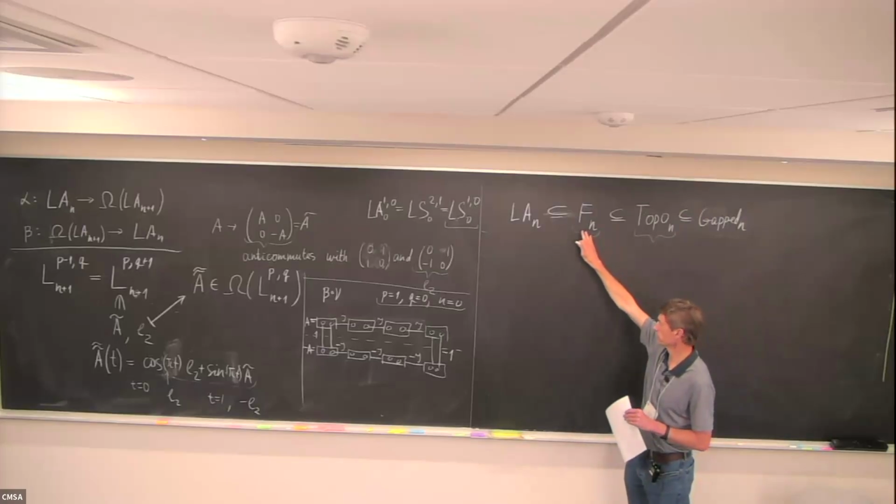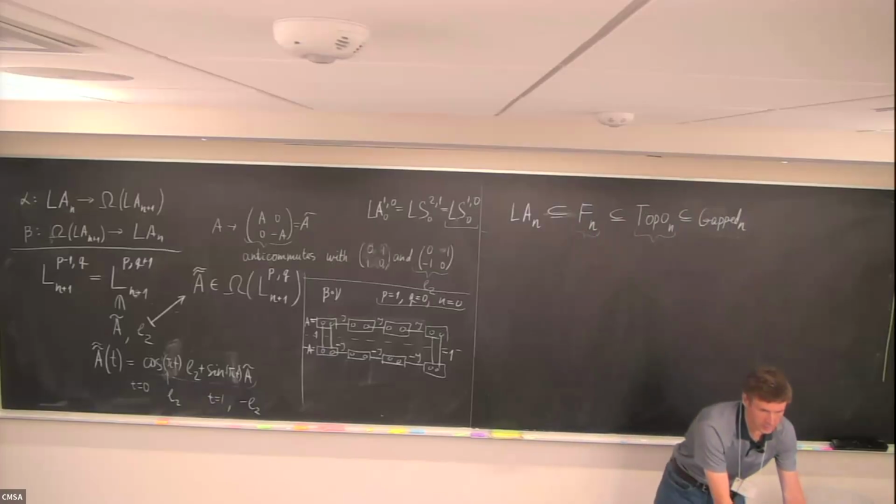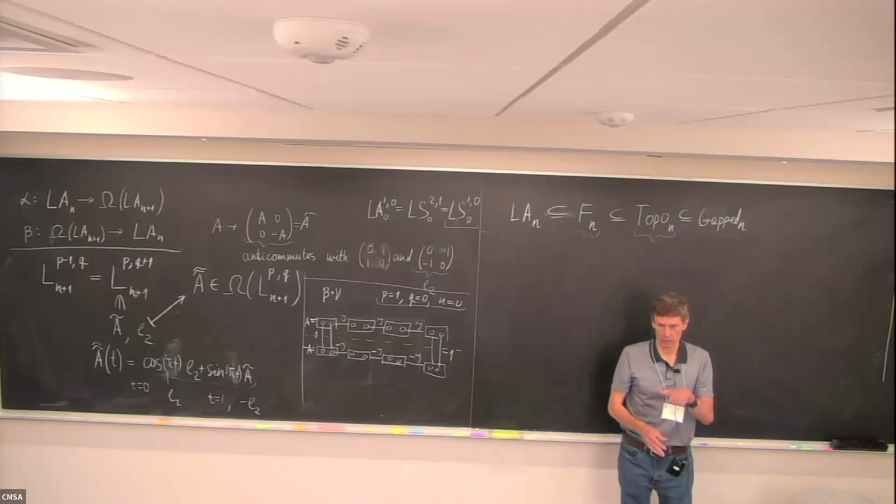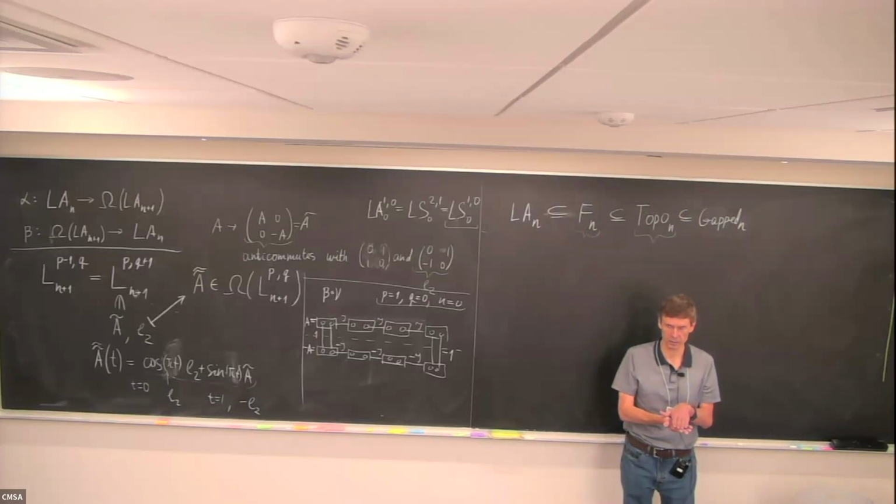Let's take a temporary definition of Fn. This definition is, like I said previously, we take a system and some complementary system, and we can continuously deform this double system into a trivial system without something breaking down, like without closing the gap.